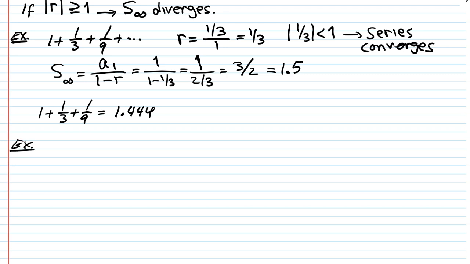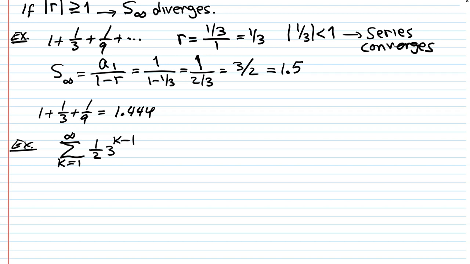In this example, I'm going to use the sigma notation for the series. Let's say we want to see whether the sum of this geometric series converges or diverges. Notice I have the sum to infinity. All the nth partial sums converge.